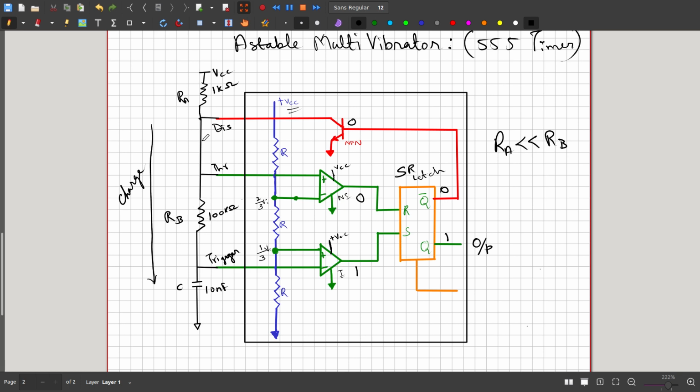Okay, the circuit is completed here. It discharges through RB. So for discharge it is this direction, the discharge direction.